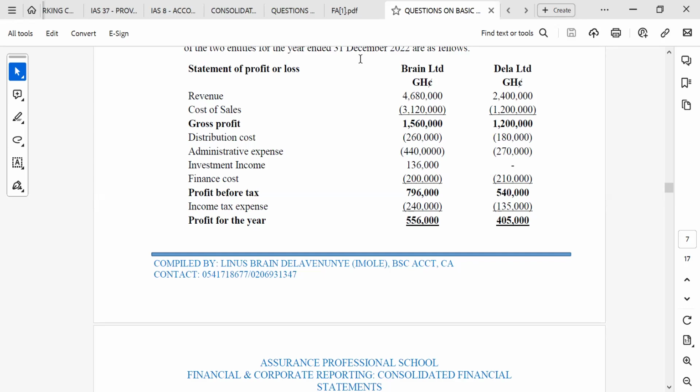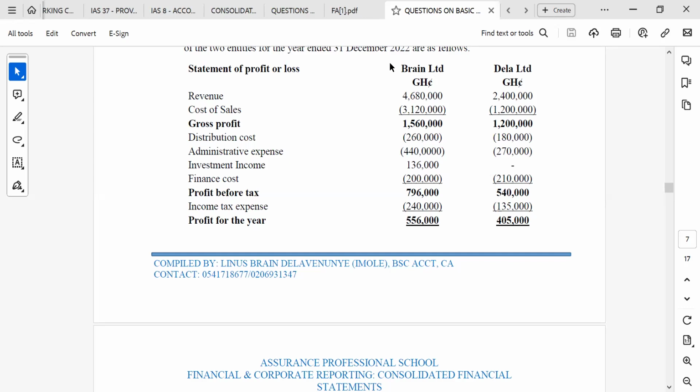So dividend received from the subsidiary by the parent should be treated in the statement of changes in equity, because the parents are the owners of the subsidiary. So dividend paid to the owners is to be treated in the statement of changes in equity.